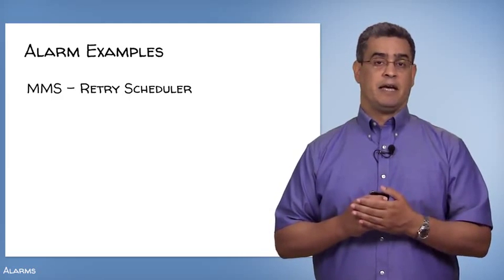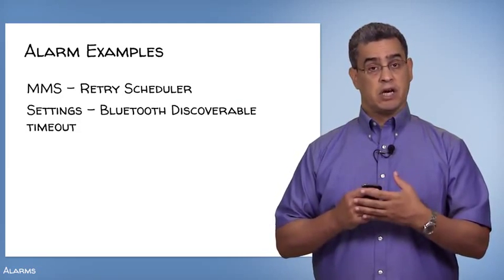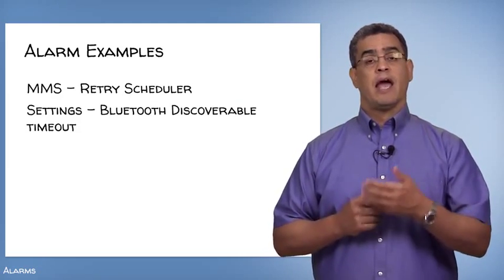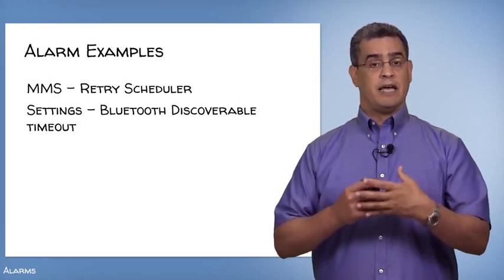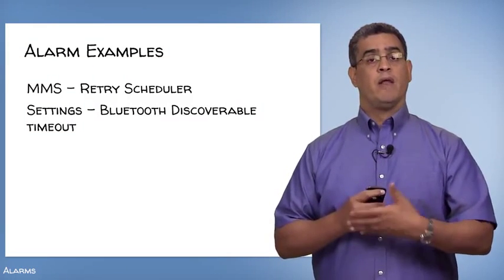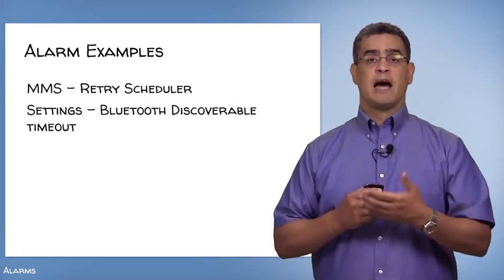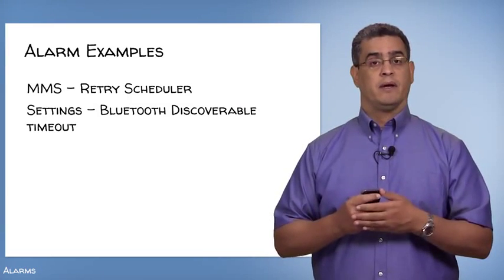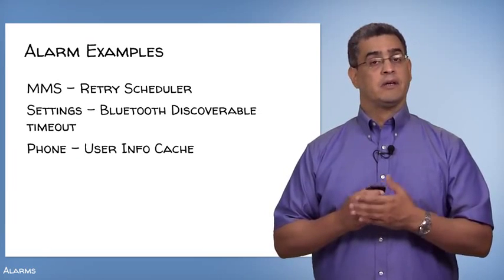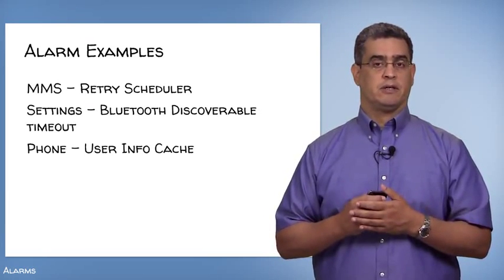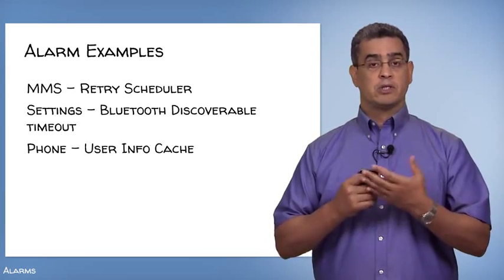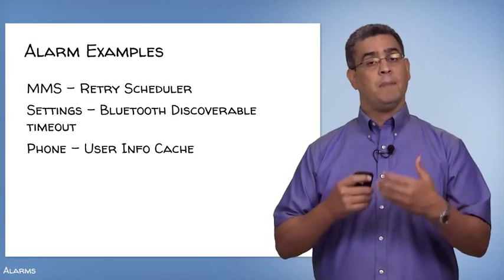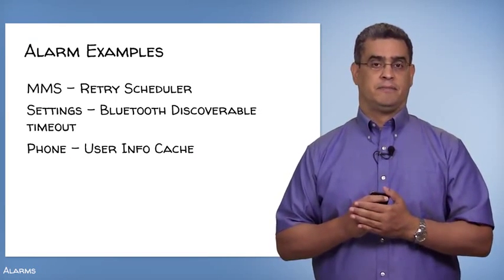The settings application can make a device discoverable over Bluetooth, and when it does this, that application sets an alarm, and when the alarm goes off, the application makes the device not discoverable anymore. And the phone application keeps a cache of user information. This application uses alarms to periodically update that cache.